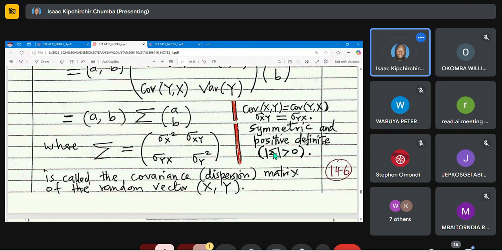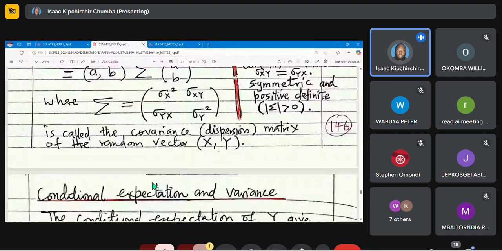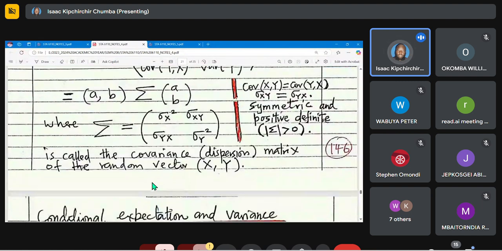Now, we call this matrix the covariance matrix or dispersion matrix. The elements, you can see, are variances and covariances. Why is it called covariance? Sometimes people call it variance-covariance matrix, but I don't like it that way because variance is a special case of covariance, so you are basically repeating.